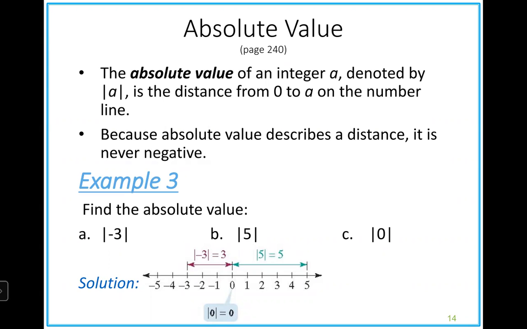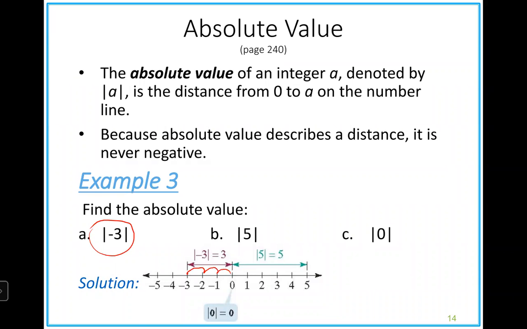So in the first one that they give you here, you see how it's written with the number in between these two vertical lines. They're asking for the absolute value of -3. Basically, they want to know how many spaces from 0 is -3. If you count from 0 to -3, it's 1, 2, 3. So the absolute value of -3 is 3.